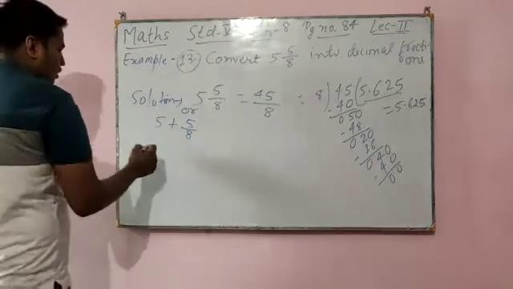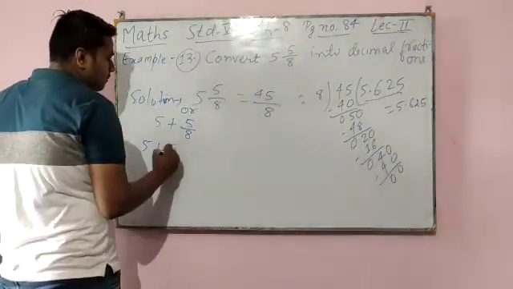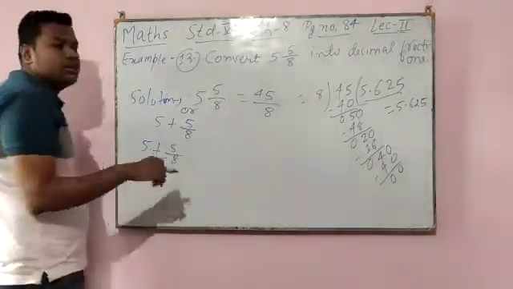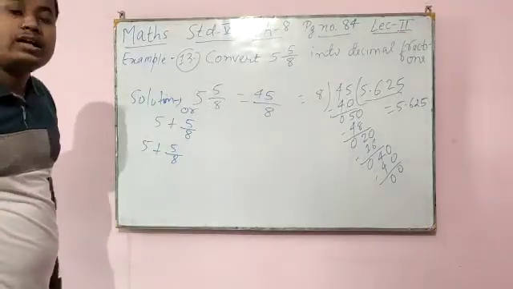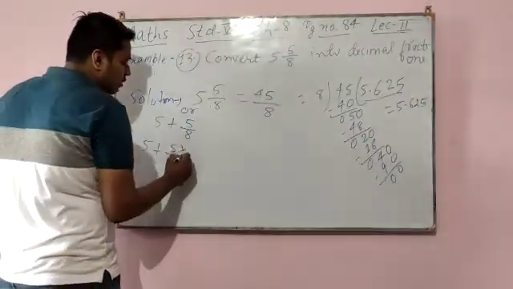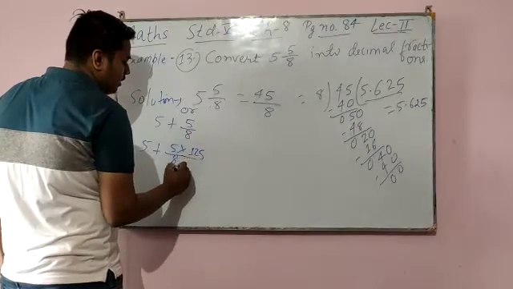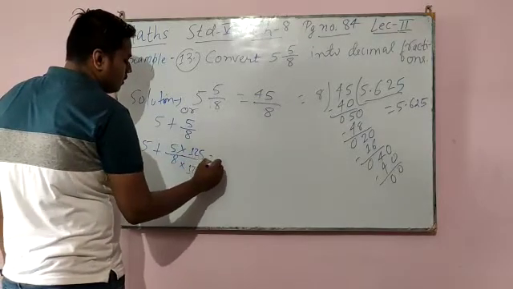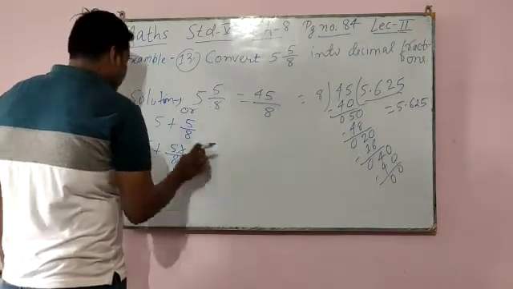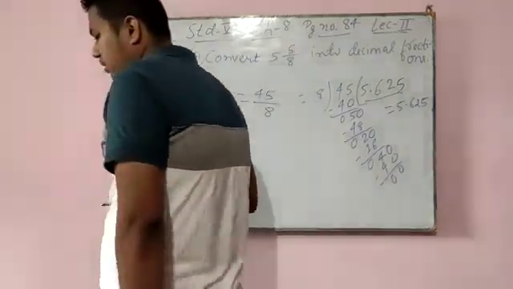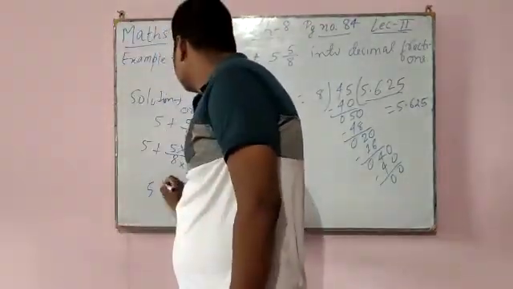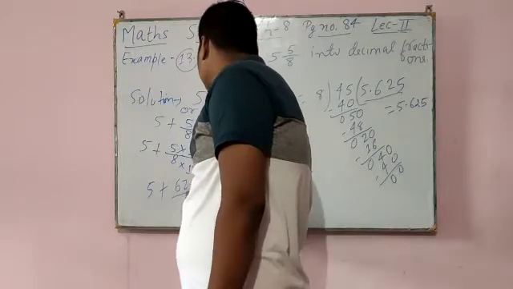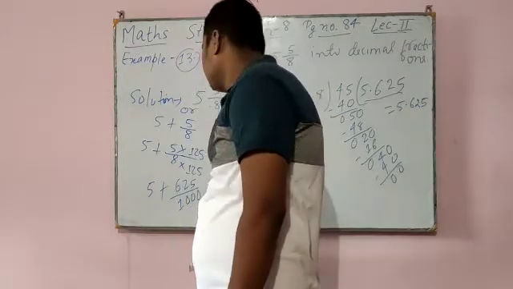Now this 5 plus this 5 by 8, I will change this denominator in a multiple of 10. So I will multiply with 125 into 125. Then I will get 5 plus 625 by 1000.